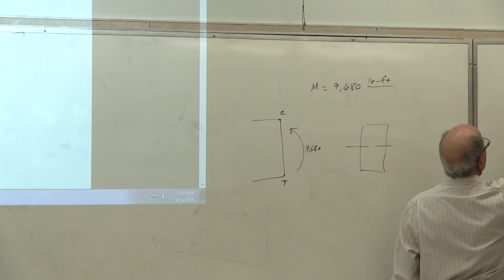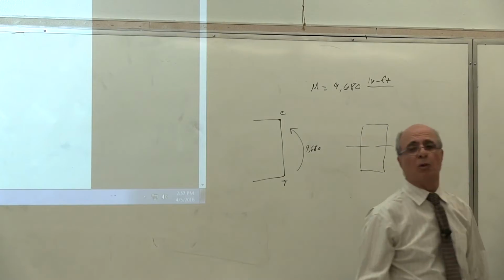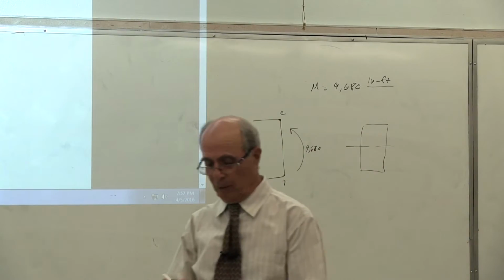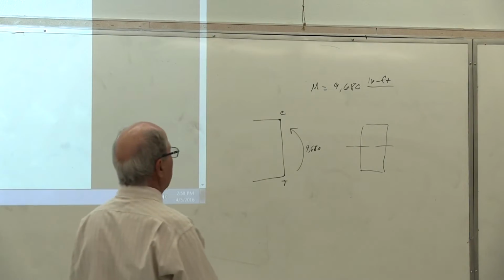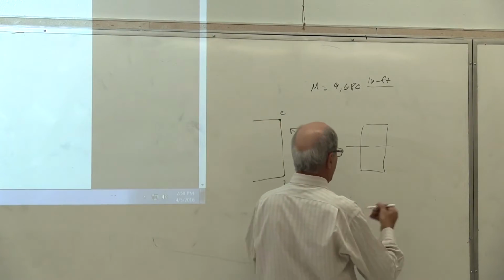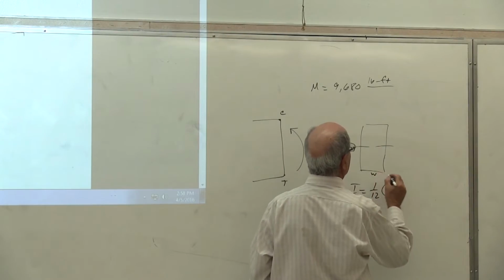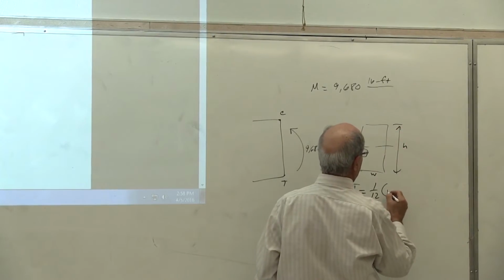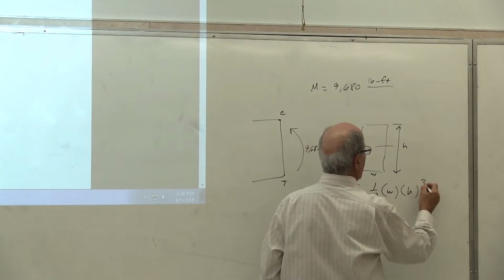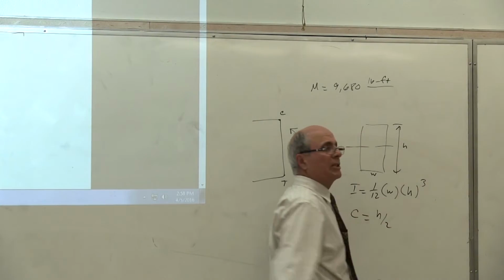Sigma equal to MC over I, because it is on top and bottom that it is the highest value. And since this is a rectangular cross-section, I equals 1/12 of, let's call this W and call this one H, so W times H to the power of 3. And C is equal to H over 2. Is that correct or not?